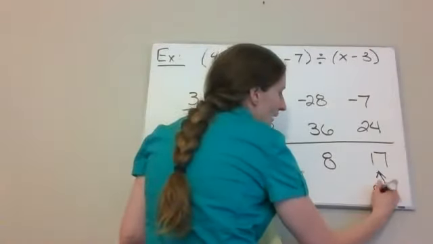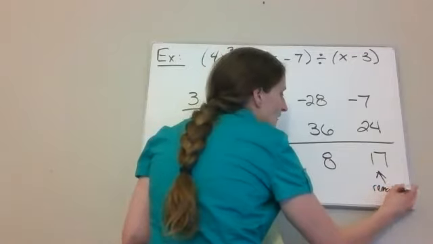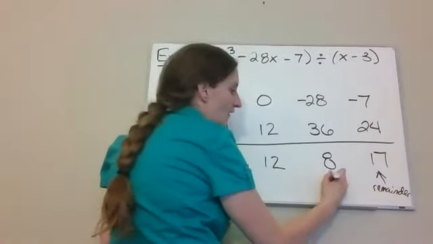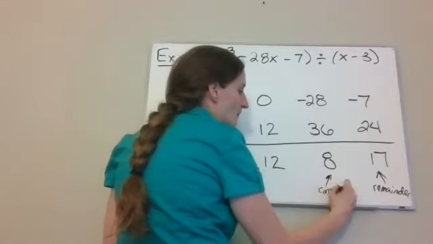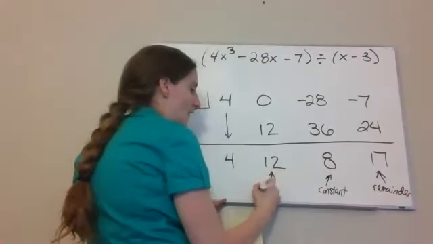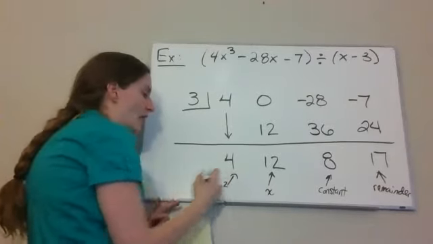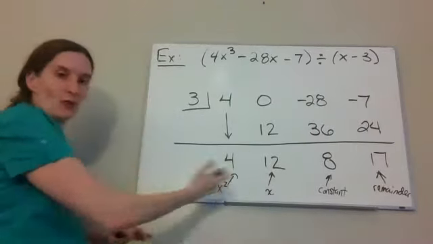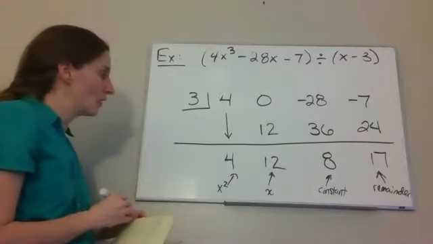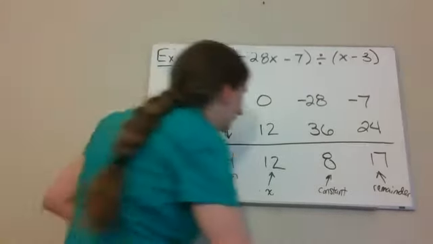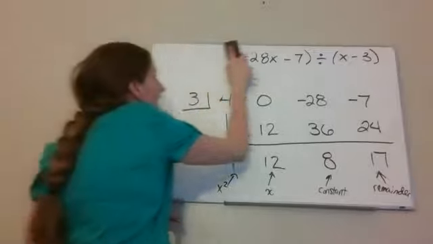This is my remainder. This is my constant. This is the coefficient for x. And this is the coefficient for x squared. You just keep working backwards until you figure out all of the coefficients. And then we can write our final answer.